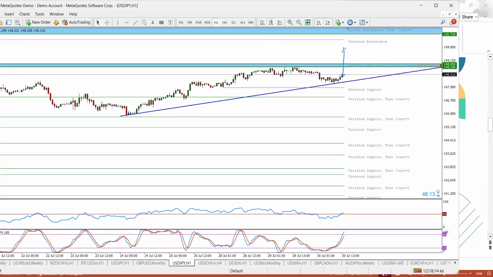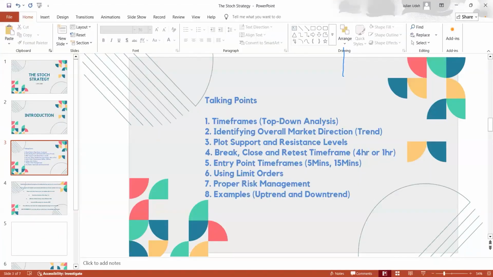Once it breaks and closes, you go to your 15 minutes or your 5 minutes time frame. You already know where to enter from. You are entering your buy limits at that resistance that has now been turned into a support.